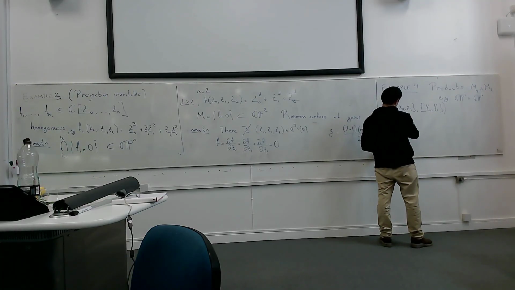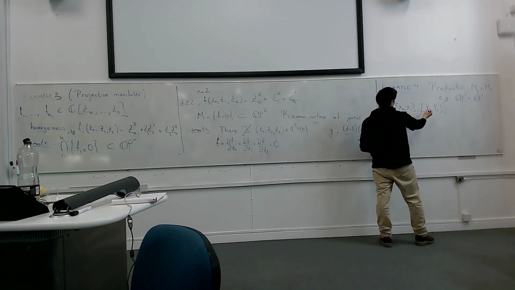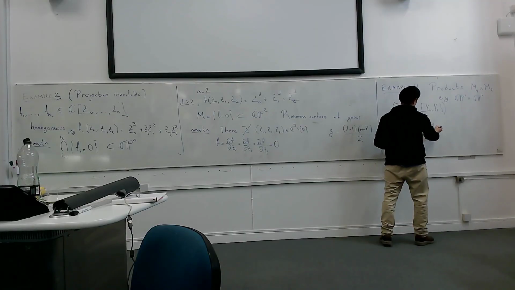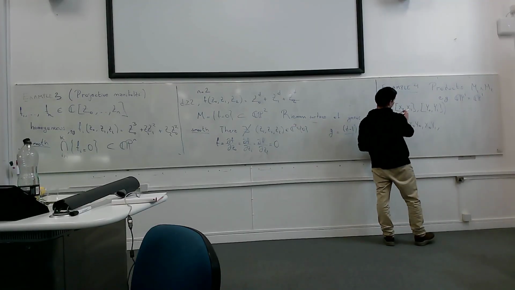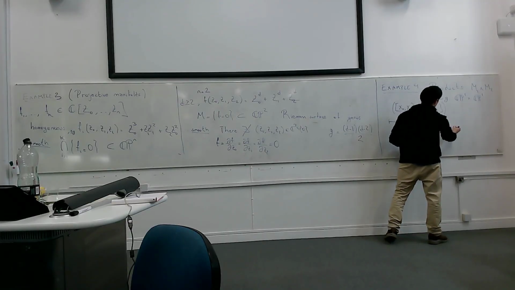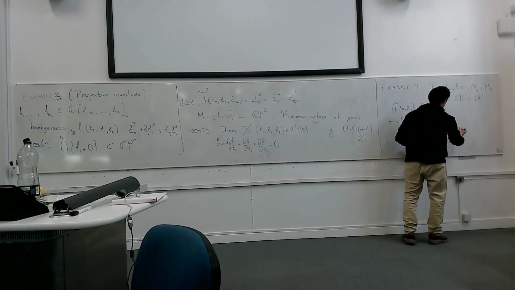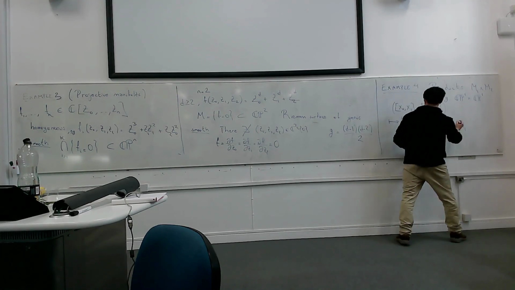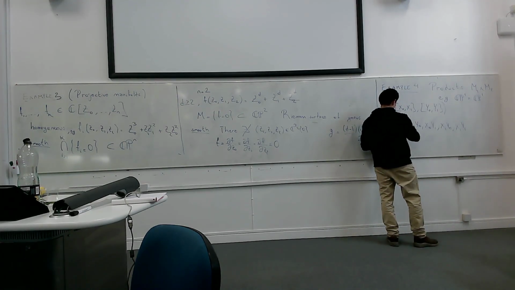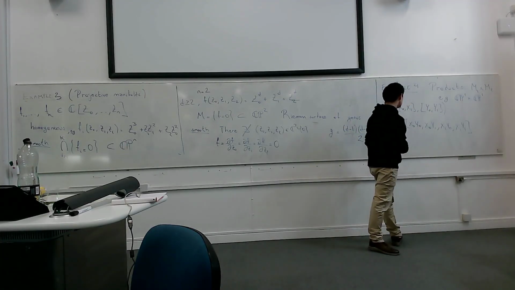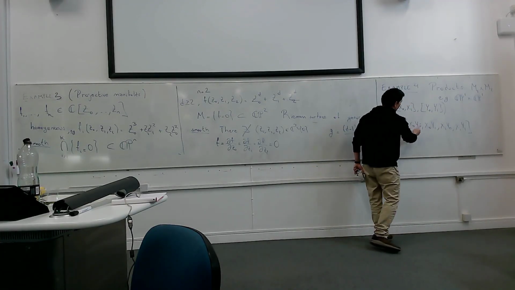to the following. We can do x0, and I multiply with, let's say, y0, x0 y1, and then I do the same for x1: x1 y0, x1 y1. So I have 1, 2, 3, 4.